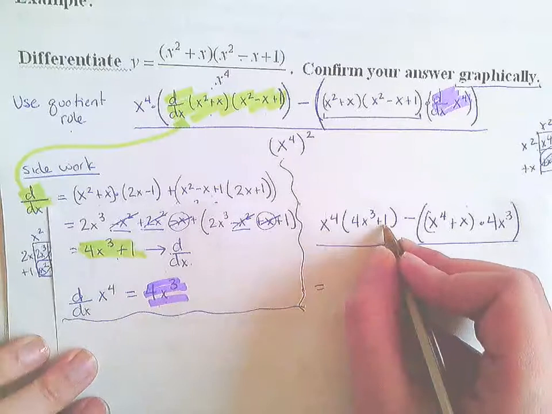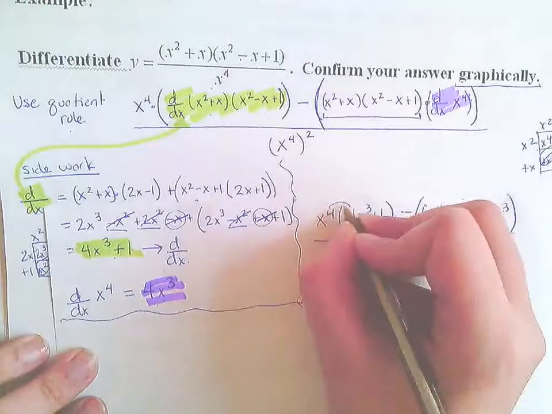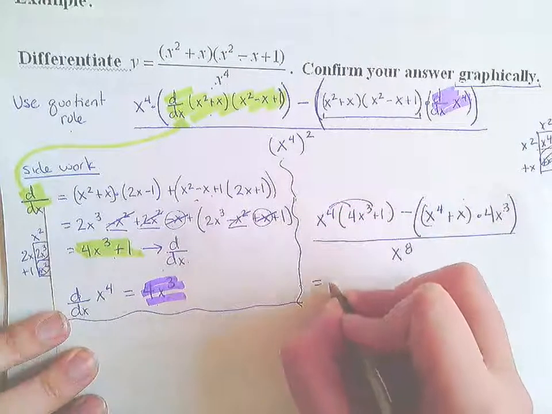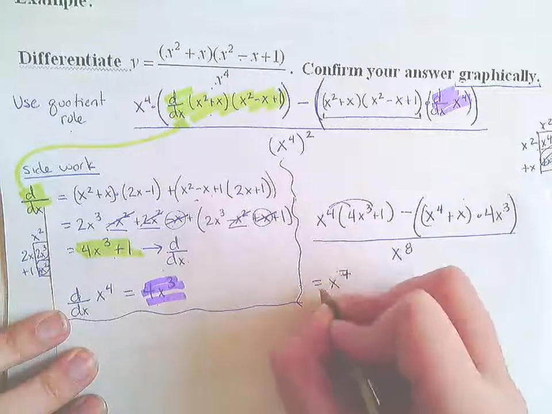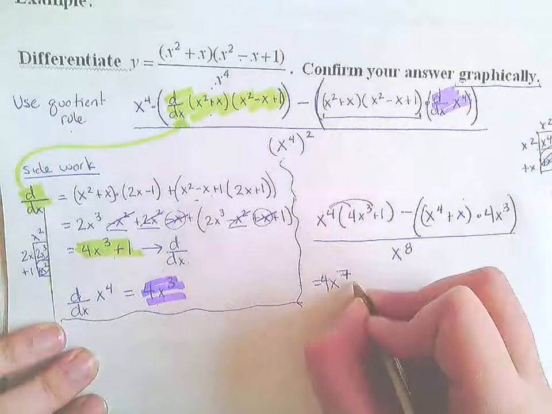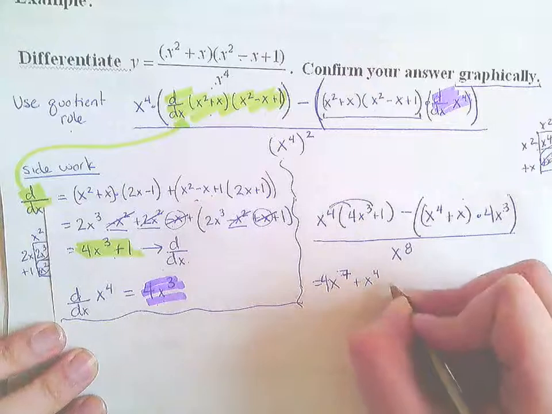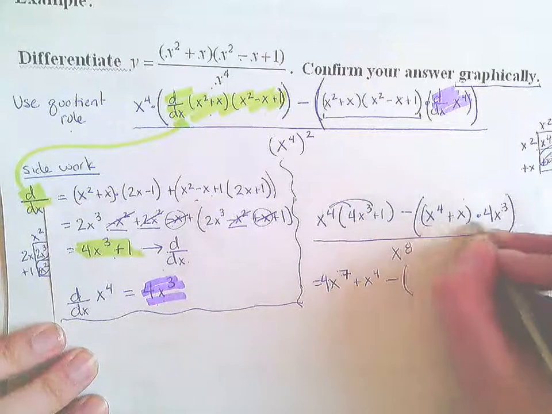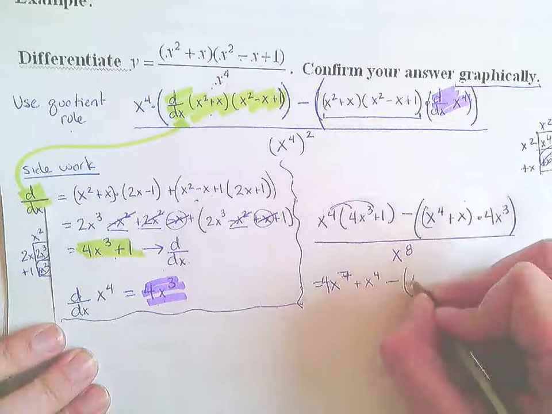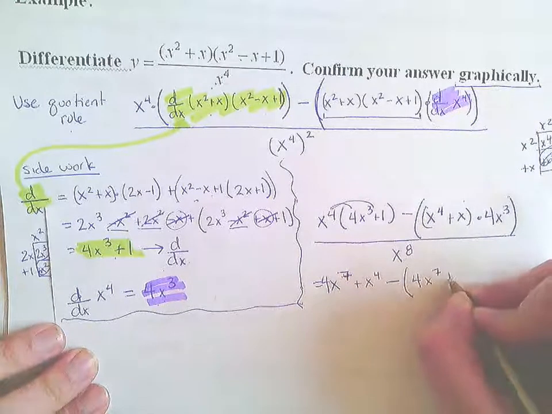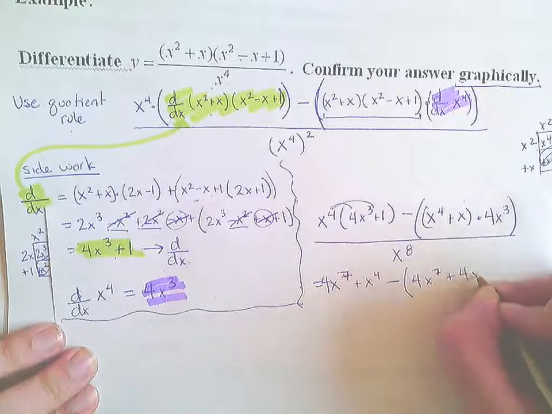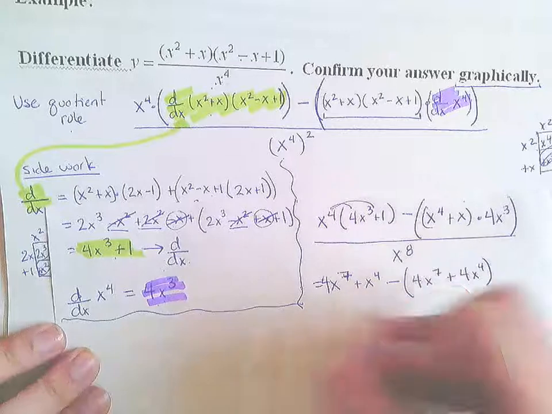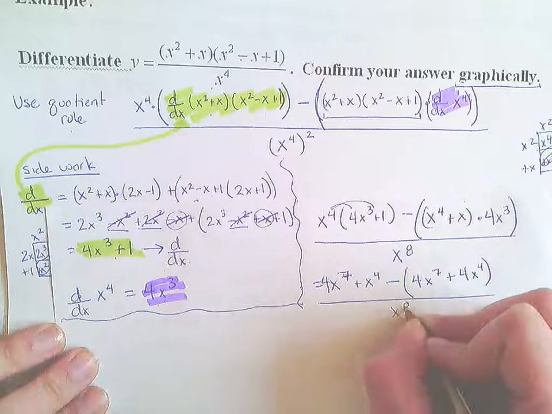So the first thing I'm going to do is distribute this x to the fourth. So we end up with 4x to the seventh plus x to the fourth, minus, I'm still working inside these parentheses, so I'm going to distribute. This is 4x to the seventh plus 4x to the fourth. All of that is over x to the eighth.